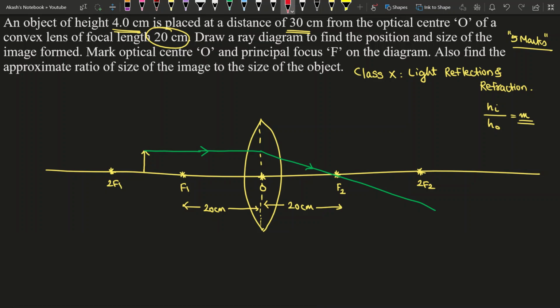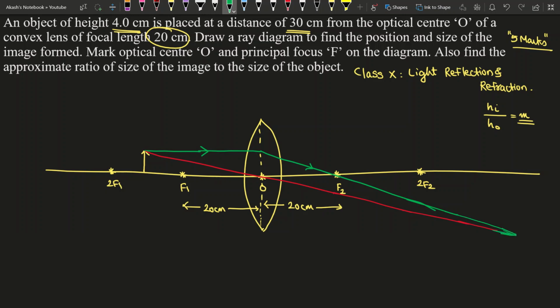Another thing is that if any incident ray passes through the optic center, it will pass without undergoing any refraction. So if you are drawing a ray which is passing through the optic center, it will pass without any refraction.